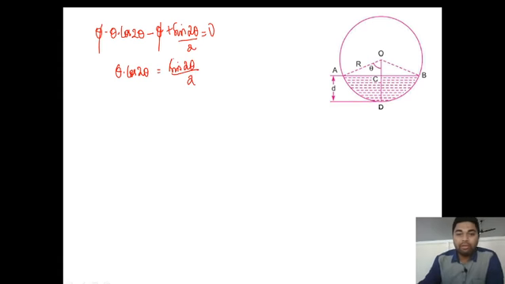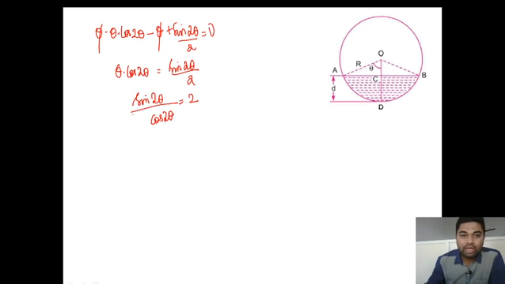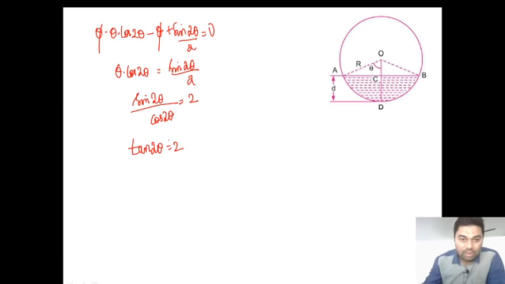Sin 2θ by cos 2θ becomes 2θ, sorry, here one more θ is remaining.